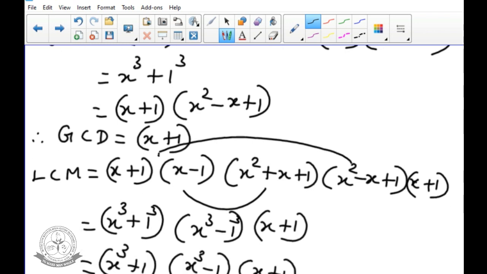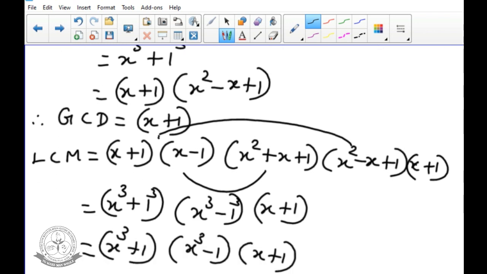So the first two terms you have to see here. It will be x cube plus 1 into x cube minus 1, and we can do the product like this: a plus b into a minus b equals a square minus b square.